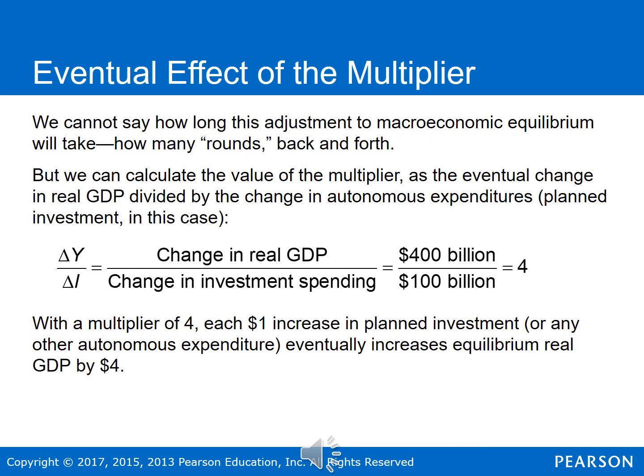So in this case, the multiplier is going to be the change in real GDP, 400 billion, divided by the change in investment spending, 100 billion. So it's going to equal 4. So we could say our multiplier is 4. What that means is each $1 increase in planned investment, or in this case, any other autonomous expenditure, eventually is going to increase equilibrium real GDP by $4.